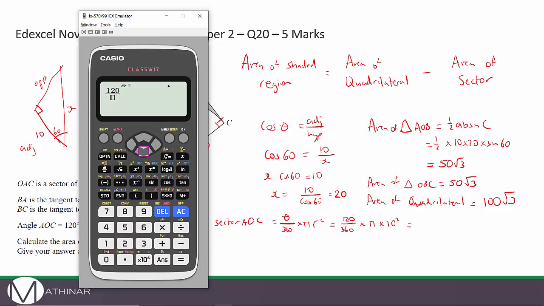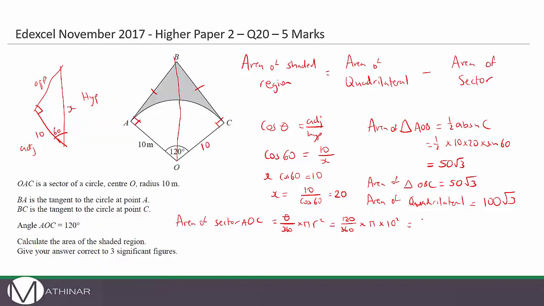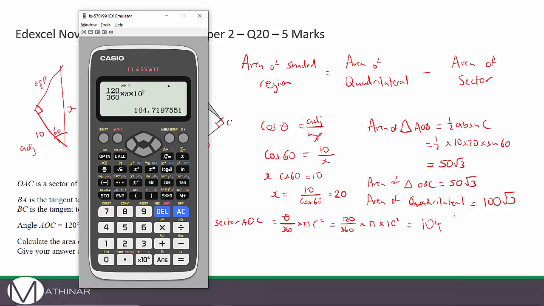So 120 over 360 times pi times 10 squared. 100 over 3 pi, which is 104.72.